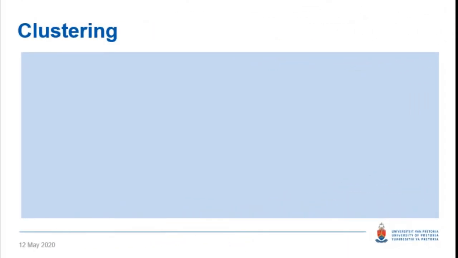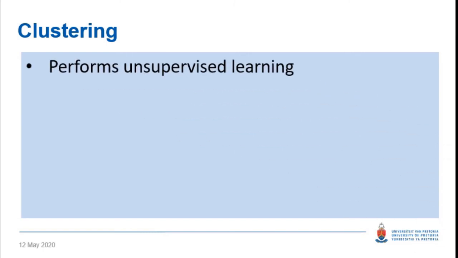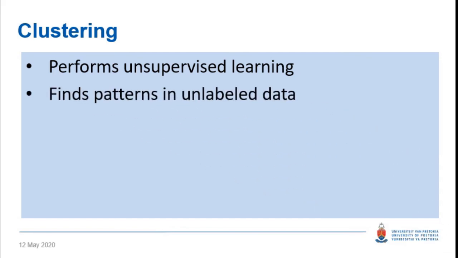The last technique that we're going to look at under the different types of machine learning techniques is clustering. What makes this special from the other techniques that we've spoken about is it's one of the main techniques used for unsupervised learning. So remember, with unsupervised learning, your data does not have labels. For example, we don't know what the class is for a set of attributes.